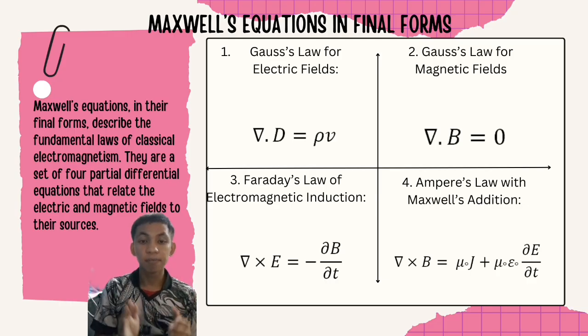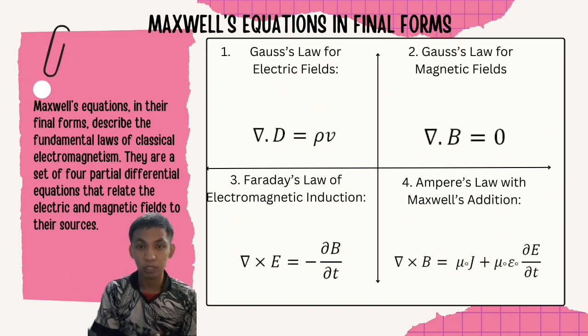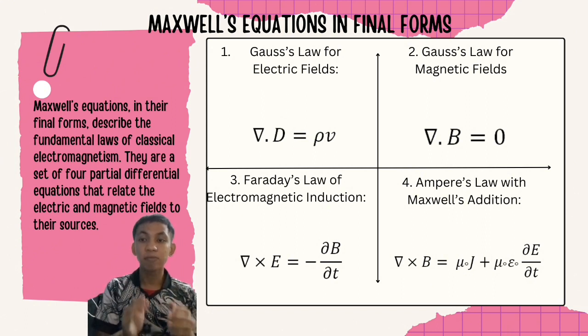So, for the summary of Maxwell's equations in final forms, Maxwell's equations in their final form describe the fundamental laws of classical electromagnetism. They are a set of 4 partial differential equations that relate the electric and magnetic field to their sources. First is Gauss' law for electric field: divergence of D is equal to rho v.